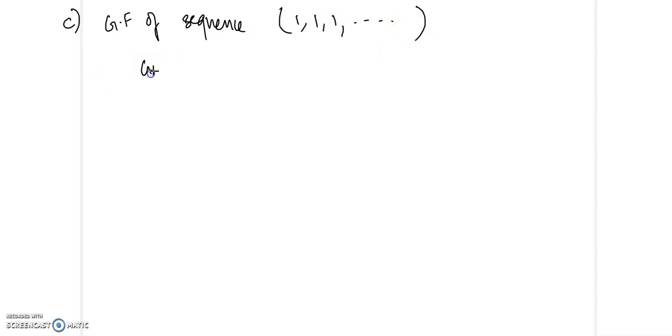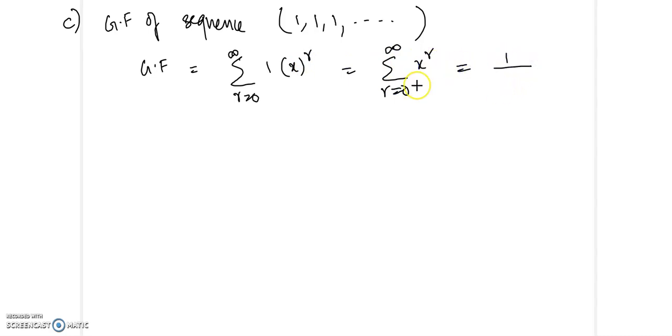And the next example is the generating function of a sequence. If you have the sequence with all the terms as 1, then the generating function will be equal to summation r equal to 0 to infinity 1 into x raised to r. That is summation r equal to 0 to infinity x raised to r. This is a geometric series, so it is 1 by 1 minus x.